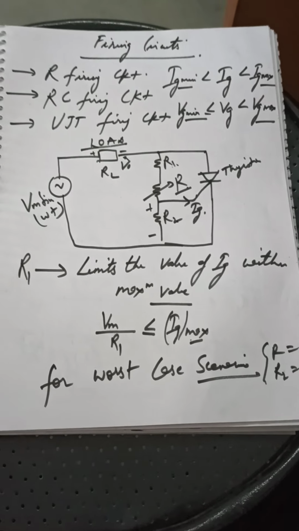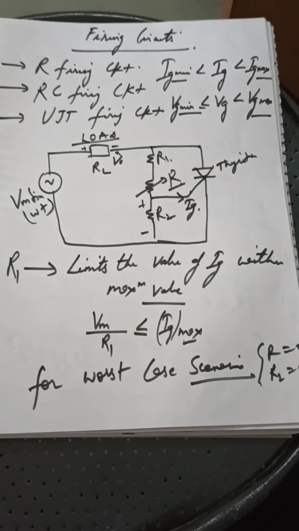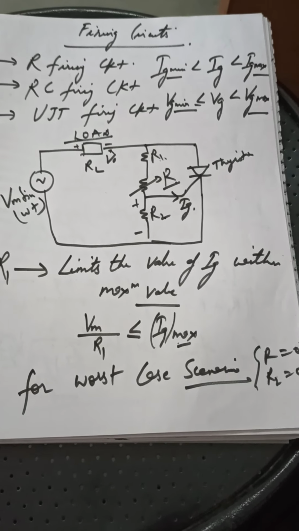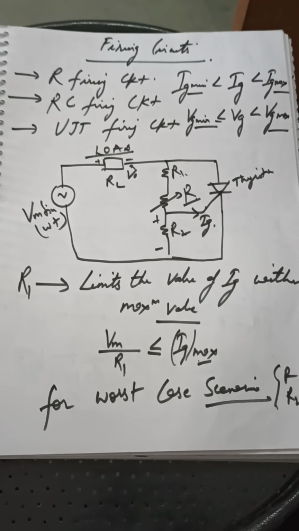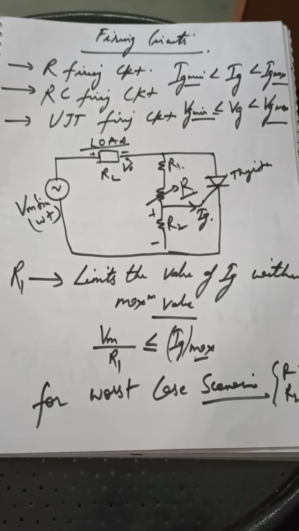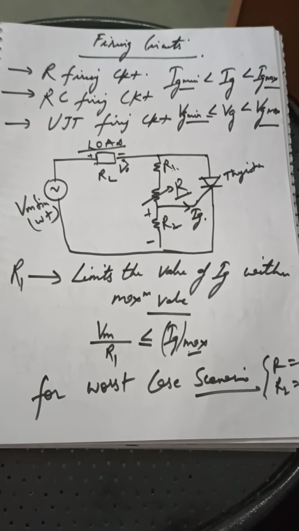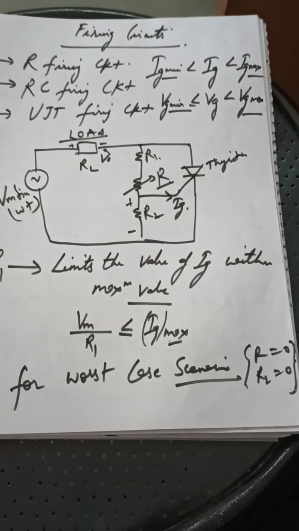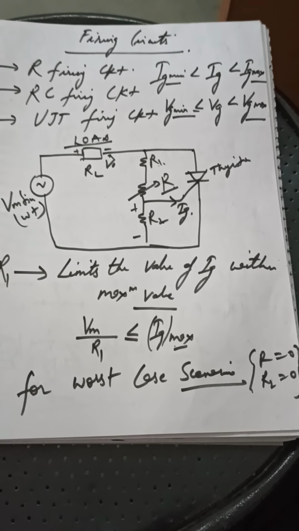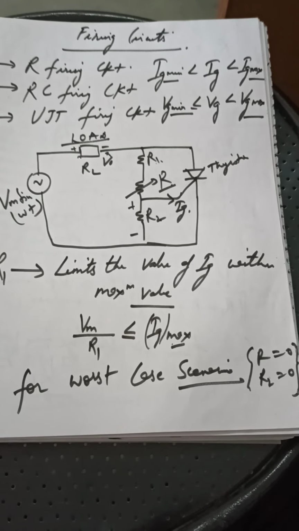It remains well inside the maximum gate current limit. I think this is again very much clear. Just by merely controlling R1, we can keep the gate current value inside the safe working limit. We can also say that a worst case scenario analysis can be carried out.